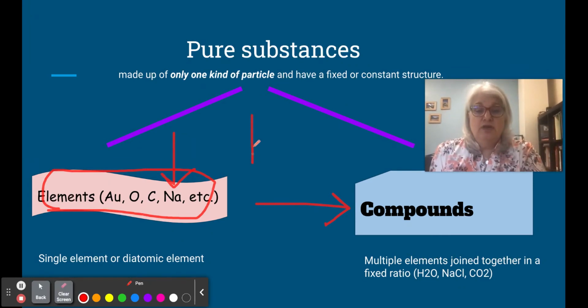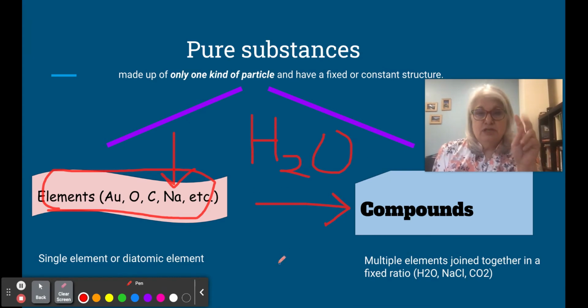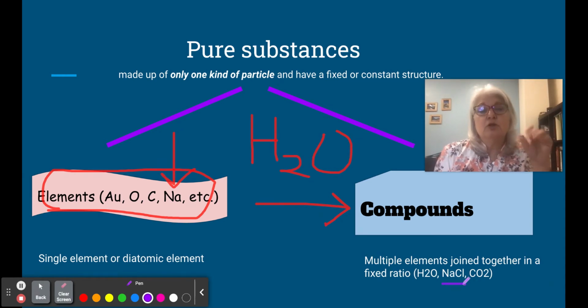Water is always H2O, in the ratio of 2 hydrogens to 1 oxygen, always. NaCl is table salt. Sodium chloride is always 1 to 1. Carbon dioxide is always 2 oxygen to a single carbon. Those are compounds, so they're pure in that the ratios never change.